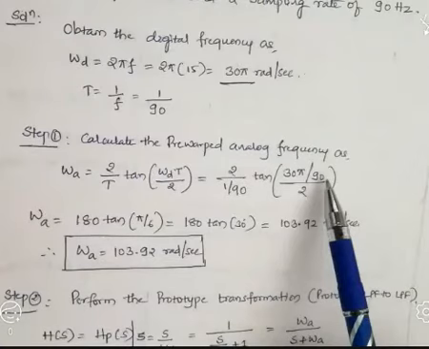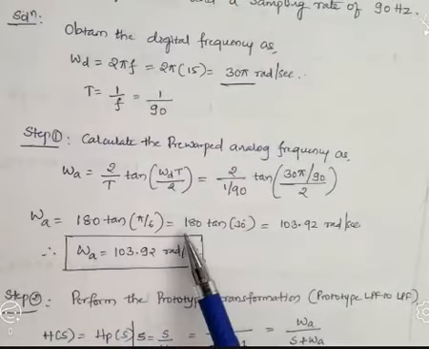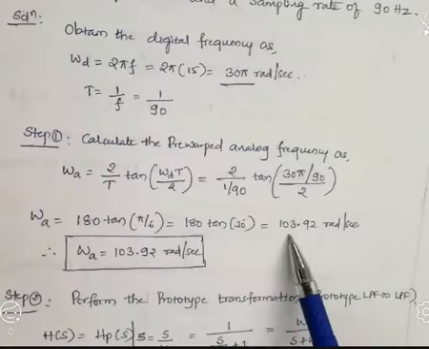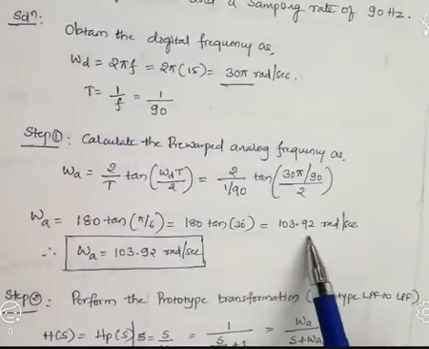Hence it is pi by 6. 180 tan of pi by 6. Pi by 6 is nothing but 30 degrees, since pi is 180 and 180 by 6 is 30. Hence 180 tan of 30, after doing the simplification using a calculator, we get 103.92 radians per second. We calculated an analog frequency of 103.92 radians per second.